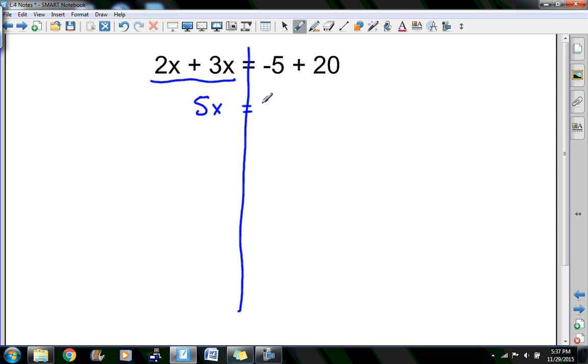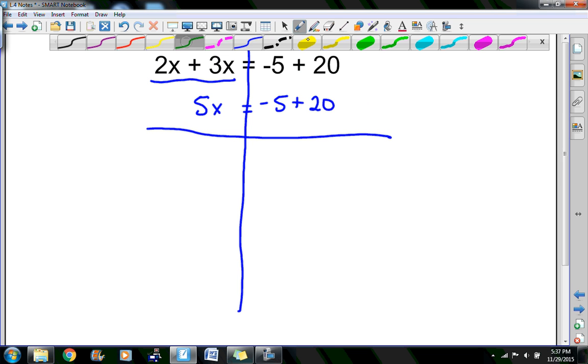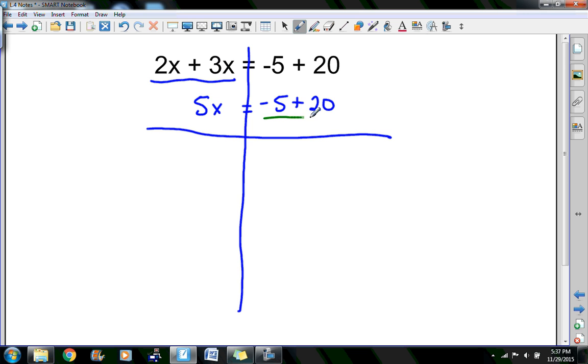The right side of the equation is going to stay the same, negative 5 plus 20. Now, I notice on the right side of the equation we have negative 5 and positive 20. Those are also numbers to numbers, boys to boys. They can be combined as well. That is positive 15. So the left side of the equation is going to stay the same. We get 5x is equal to 15.